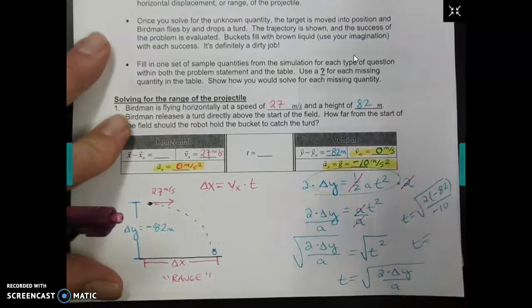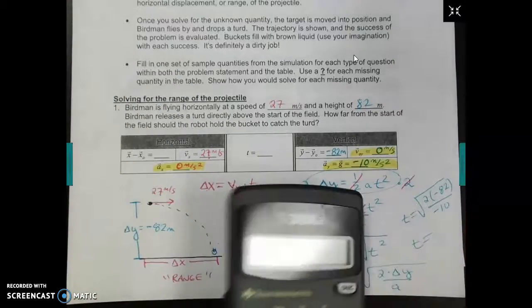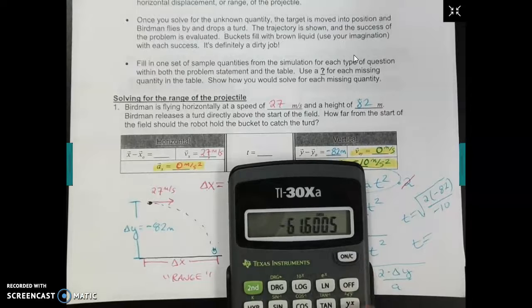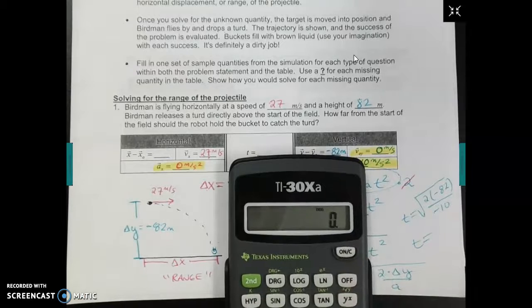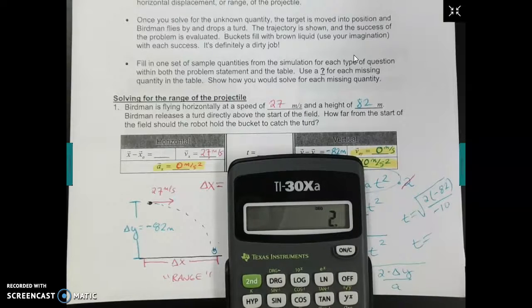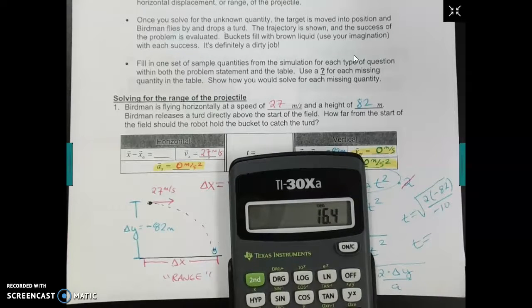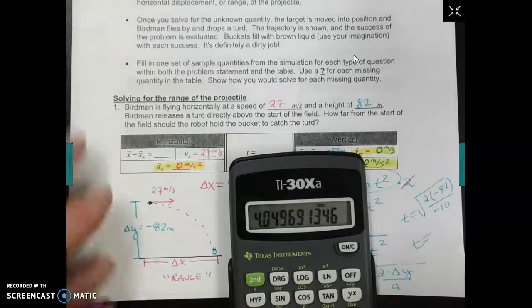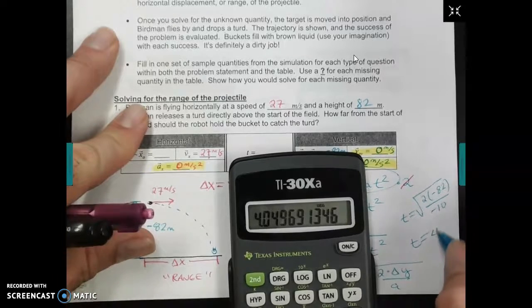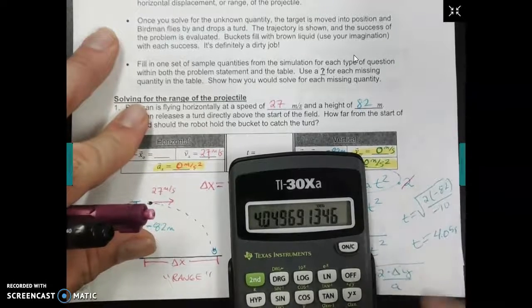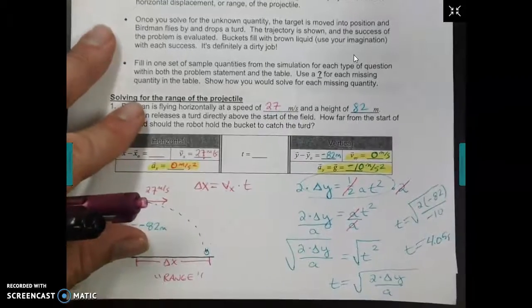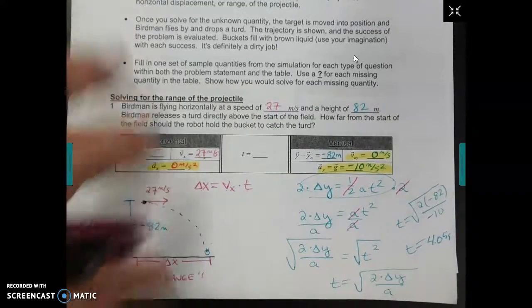When we calculate this, 2 times negative 82 divided by negative 10 comes out to 16.4, but then we take the square root of that to get 4.05. And that'll be the time. That's the time in seconds for how long it takes this projectile to hit the ground.